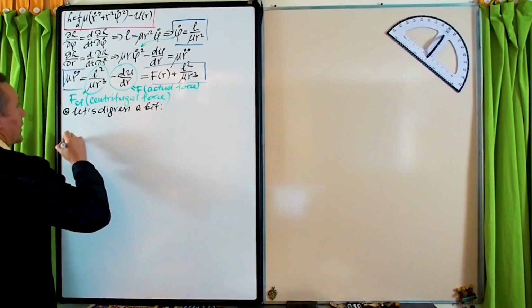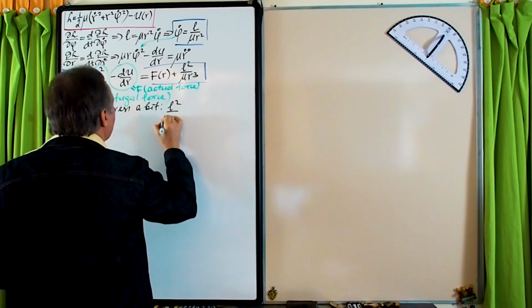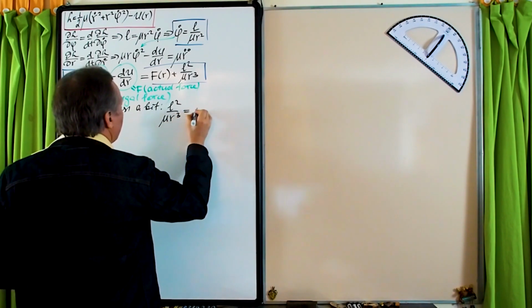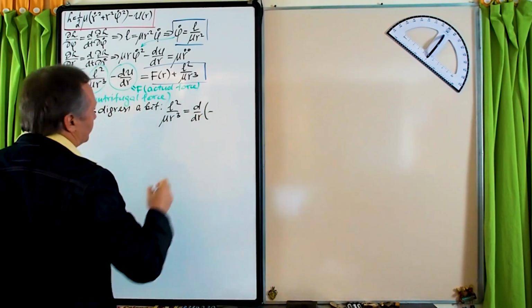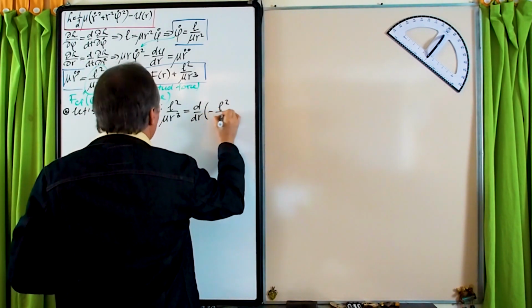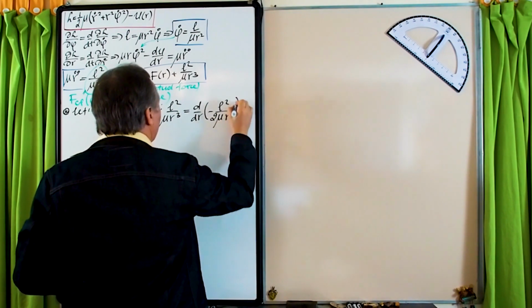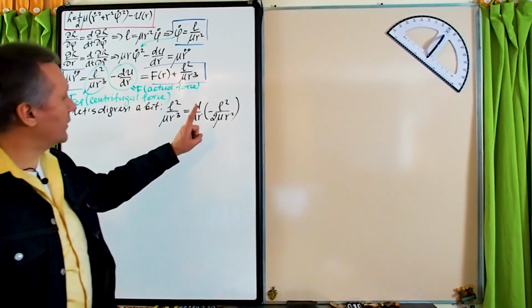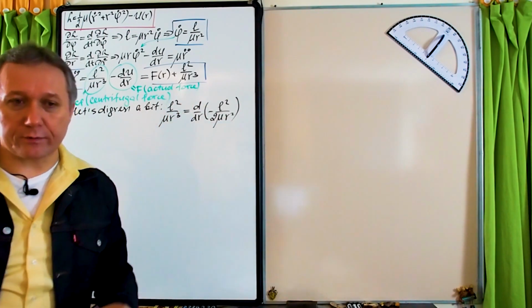Maybe I will write separately. So L squared over mu R to the power 3, we can write as d over dr of minus L squared over 2 mu R to the power of 2. Let me check. If we differentiate, the 2 will get cancelled, the minus disappears, and we get R to the power of 3. Yeah.